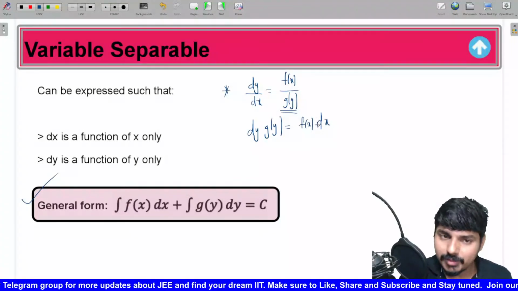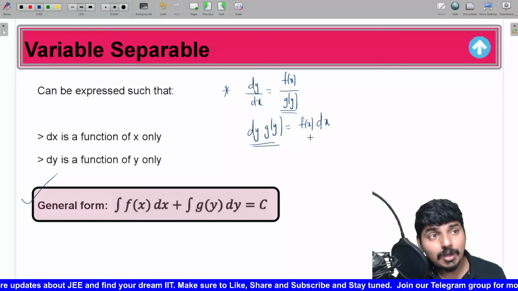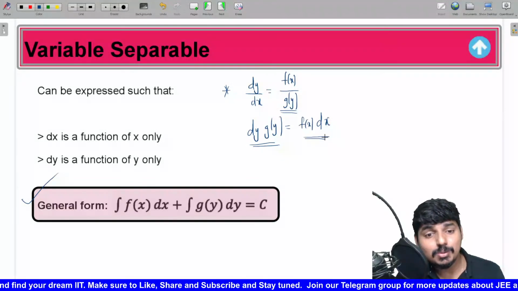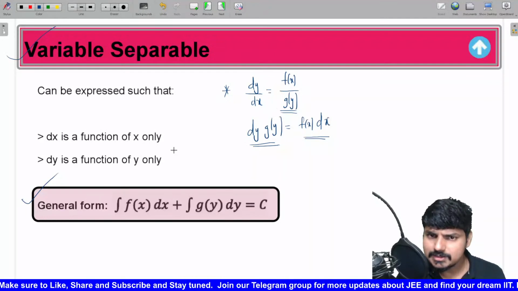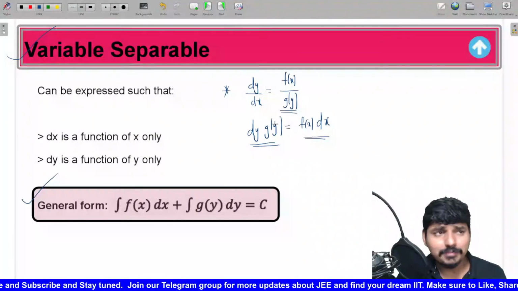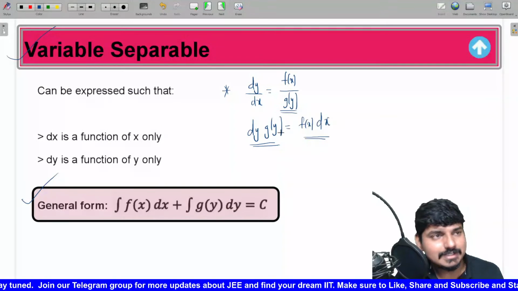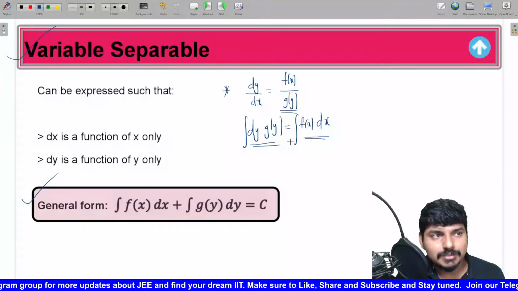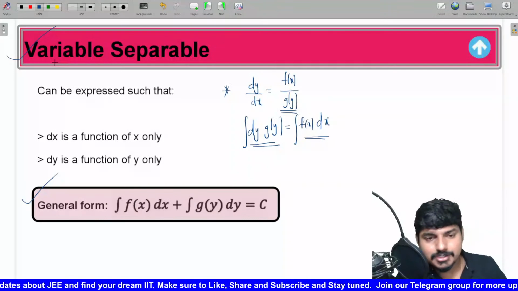If you're able to do that, then you can apply the variable separable method. And what does the variable separable method tell you? All you have to do is integrate both sides separately, and whatever solution you get will be the solution of the differential equation.